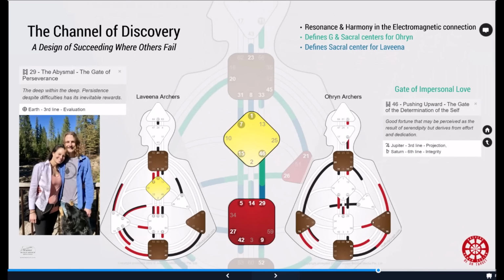Next, we have the channel of discovery, where you're succeeding where others fail. This is where we want to take a really quick peek at the fact that this is the earth. This is Lavina's grounding of her purpose in this life, and the fact that Orin, your Jupiter in the 3rd line of projection, and your Saturn in the 6th line of integrity are both harmonic and resonant to Lavina's purpose.